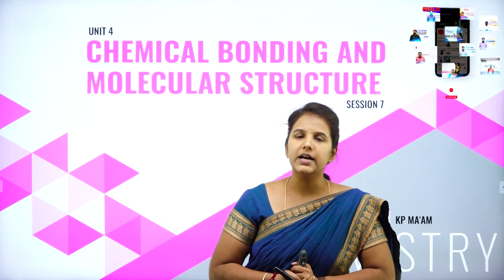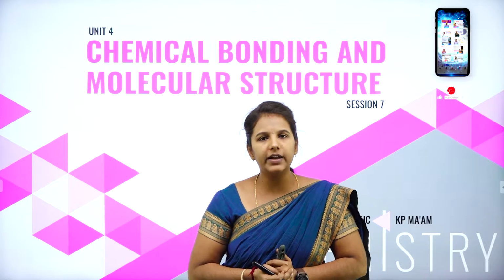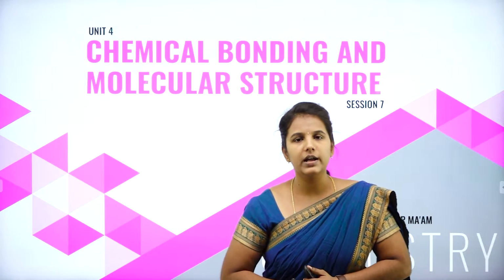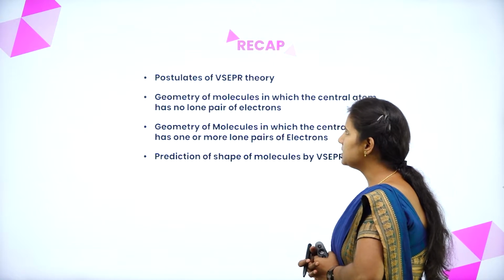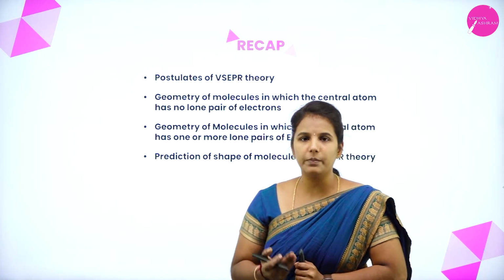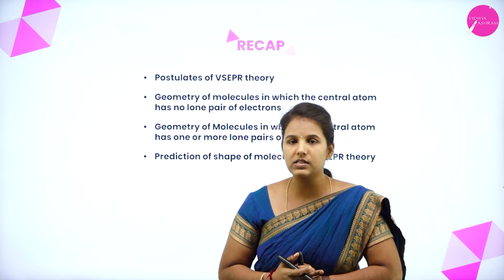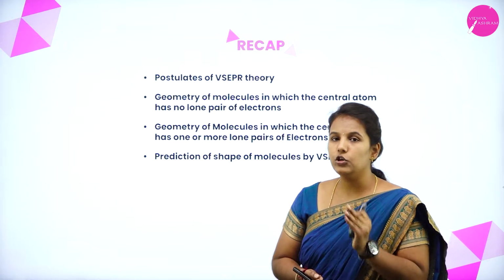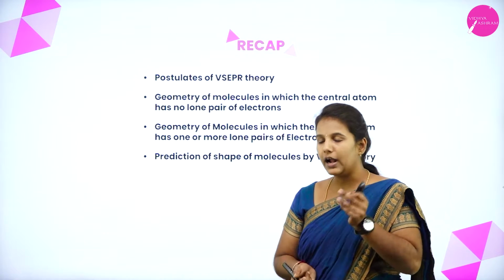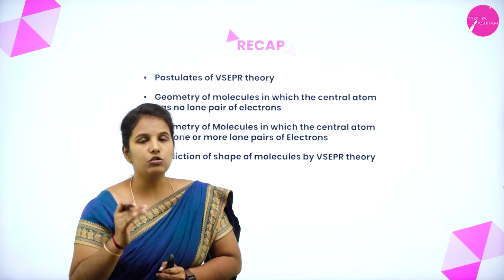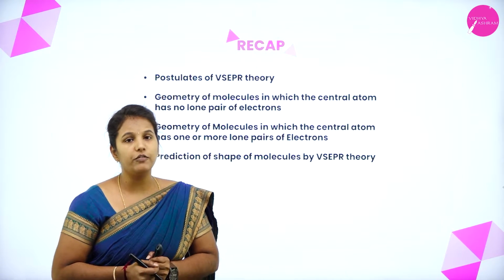My dear students, in our last discussion, we were dealing with the unit called Chemical Bonding and Molecular Structure. In that, we discussed the postulates of valence shell electron pair repulsion theory, and the geometry of molecules which have no lone pairs of electrons, and also a few examples which have 2 or 1 lone pairs of electrons.